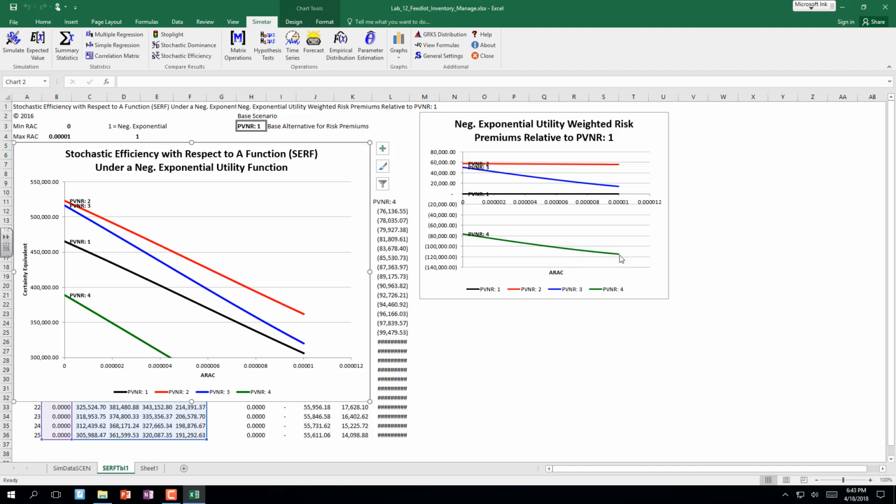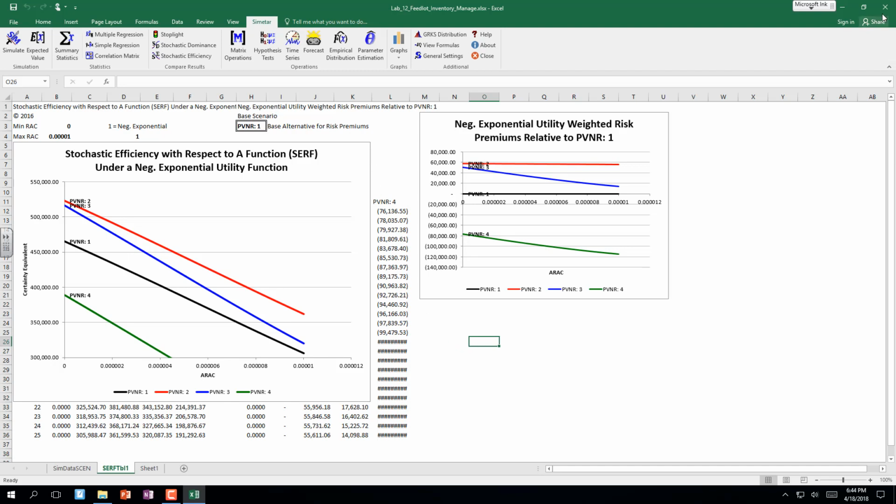So if you order too much, it could cost you $120,000 if you're extremely risk averse over a 4-year period. That's $30,000 a year. Is that the kind of insurance you want to pay for? That's a pretty high premium, isn't it? Okay. That's about all I have.